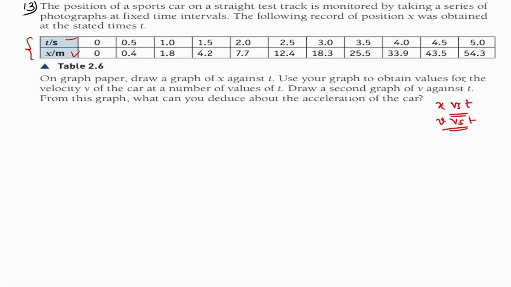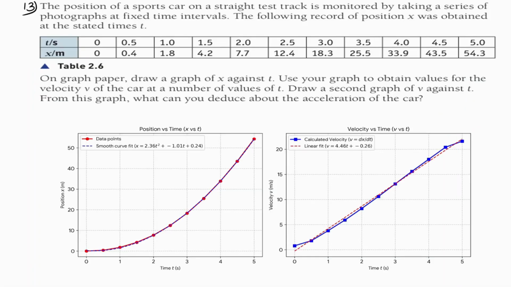The position versus time graph looks like this. Put the values over here. First you have to draw a scale, what is on the x-axis and what is on the time axis.